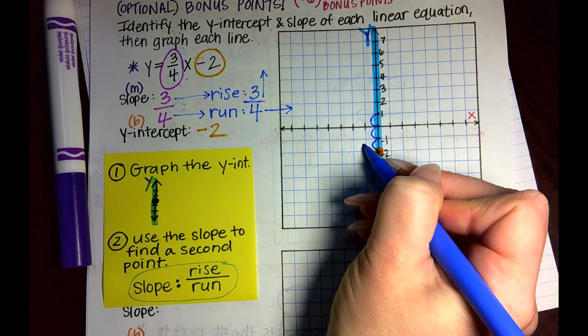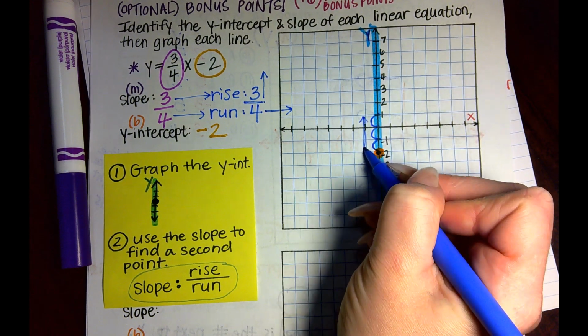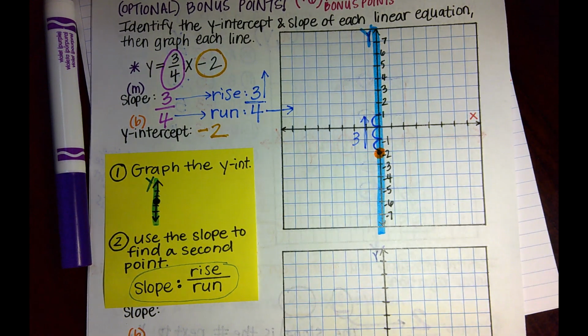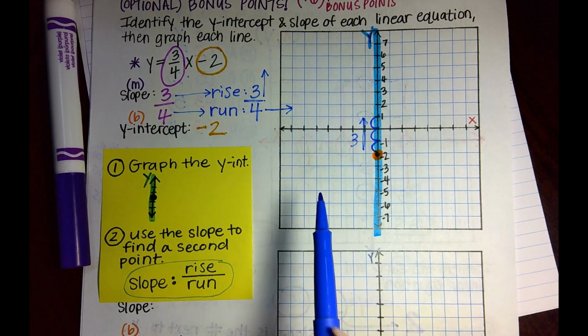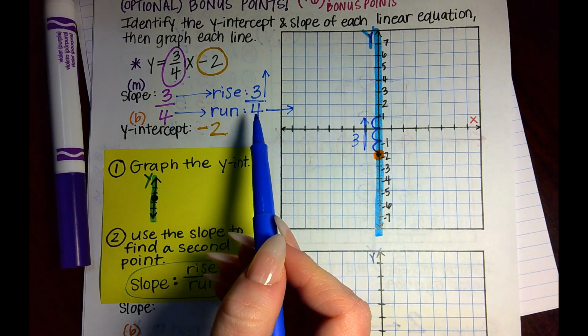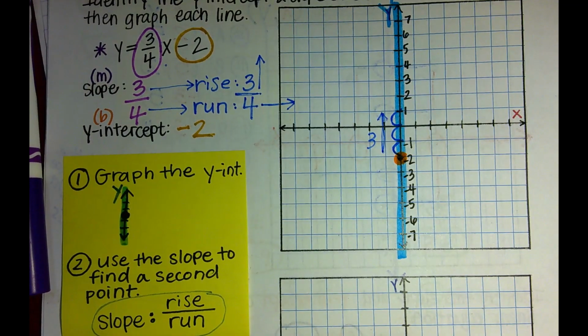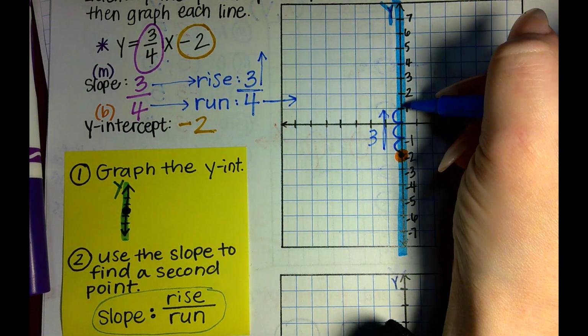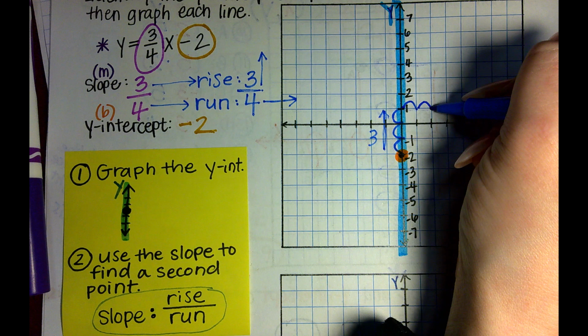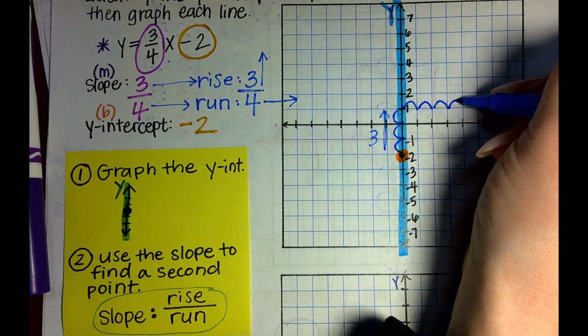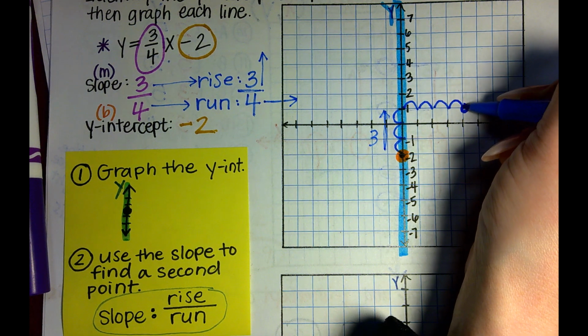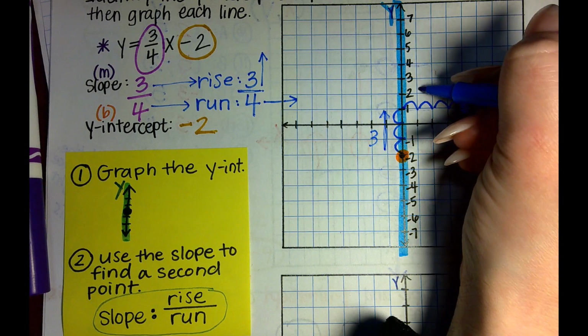That was my rise. So I went up 3. And since my run is 4, now I'm going to go over 4. 1, 2, 3, 4. And this will be my second point.